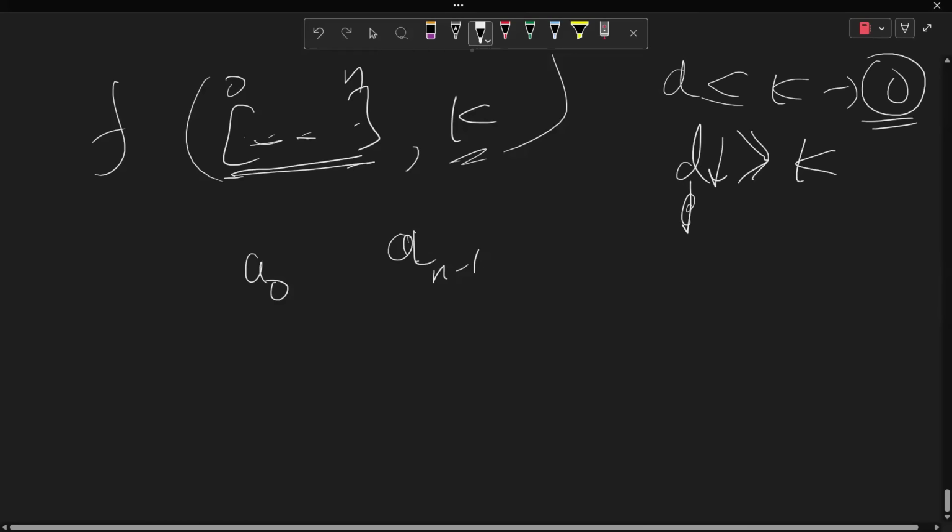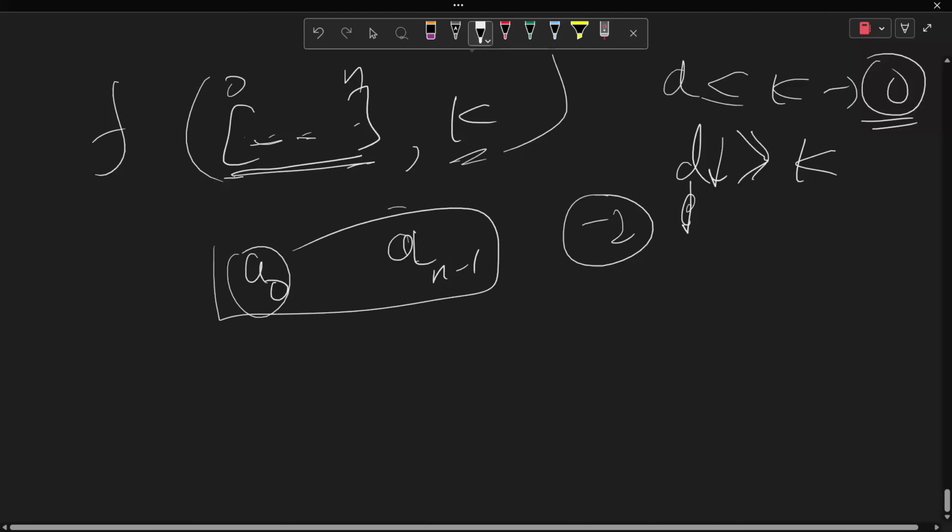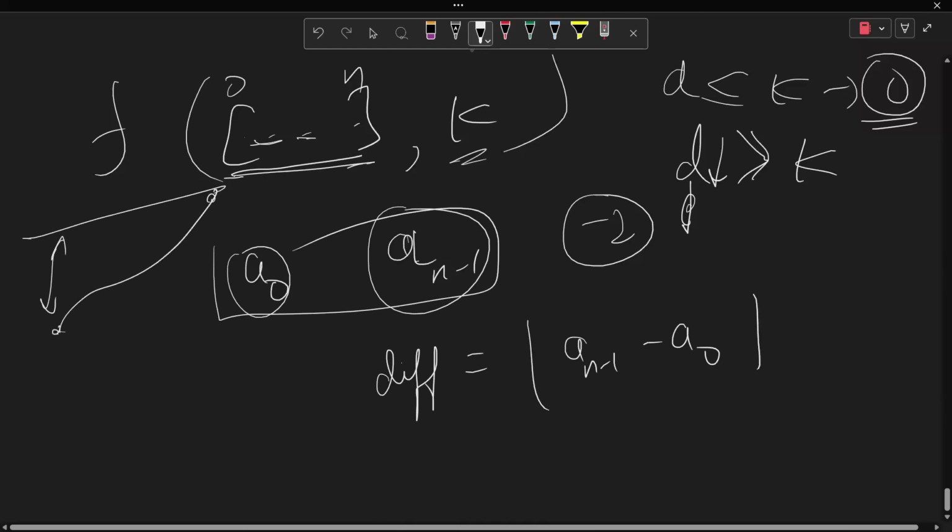Now first you would check: you are moving in steps of 2 until where? Until the difference between the starting and ending value, as I said. Once it becomes monotonic, this would be your d where you would reach. So let's define this difference as the absolute difference between A[n-1] and A[0].